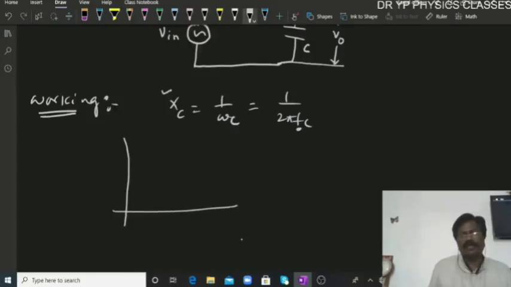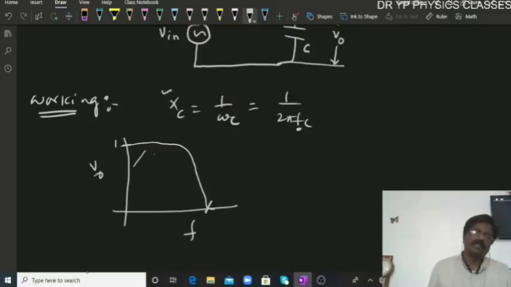The output waveform will be something like this. This is the frequency, this is the output. This is the maximum value. Just for example, if it is a voltage gain, I am going to get V0 by Vi equal to 1. So in the lower frequencies it is allowed, up to a particular frequency it is allowed, and beyond this particular frequency it is not allowed.